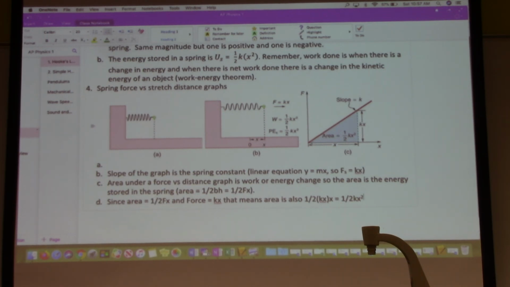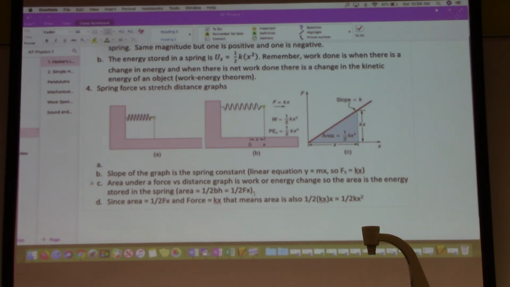So in order to take a spring and stretch it to this distance x, we have to apply so much force to it, so much work is going to be done. The area under the curve is still the work, and work is force times distance, if you guys remember from earlier in the year. So area is force times distance, and since it's a triangle, it's 1/2 force times distance.